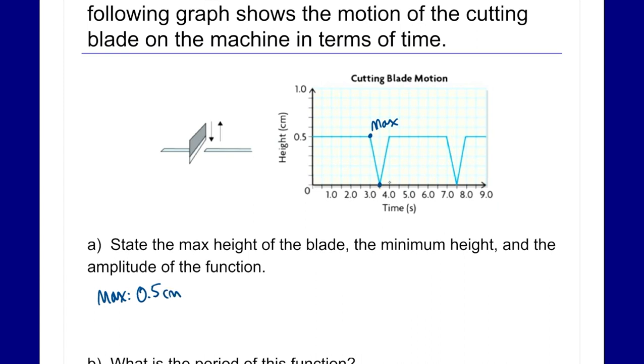Our minimum is down here, so when it drops to the bottom, our minimum is equal to 0 centimeters. And then the amplitude is going to equal the maximum minus the minimum divided by 2, or 0.25 centimeters.